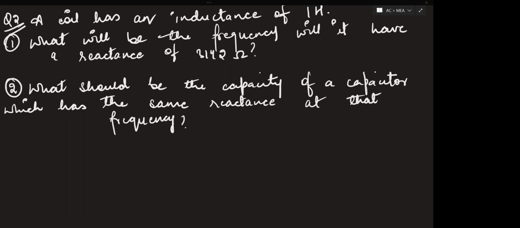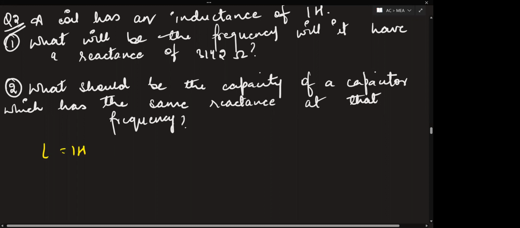It says a coil has an inductance of 1 Henry. So L is 1 Henry.